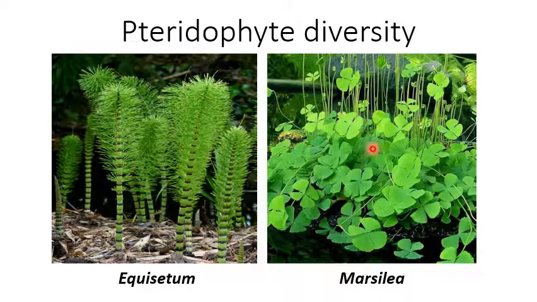So somewhere the sporocarps are developed. So this is just an introduction about pteridophytes with respect to plant diversity. We are going to study these in detail when we start this chapter. This is just the introductory part with respect to the diversity of pteridophytes.